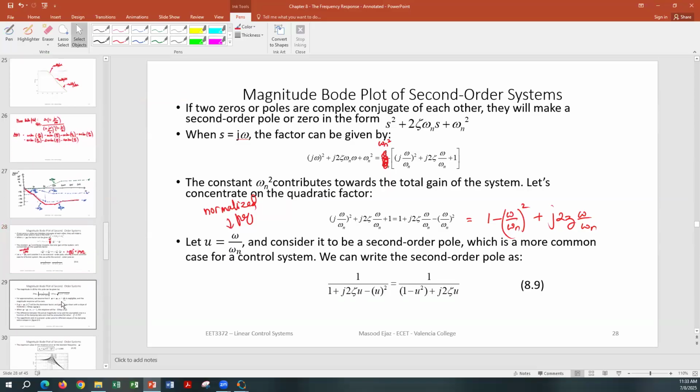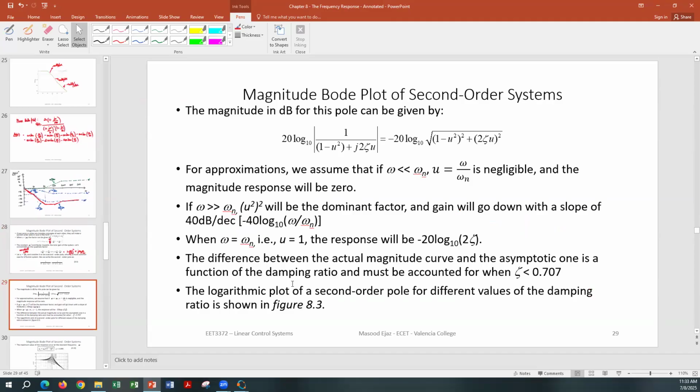Now the approximation. Magnitude can be written as 20 log 10 of 1 over 1 minus (omega over omega n) squared plus j2 zeta omega over omega n, magnitude of that.